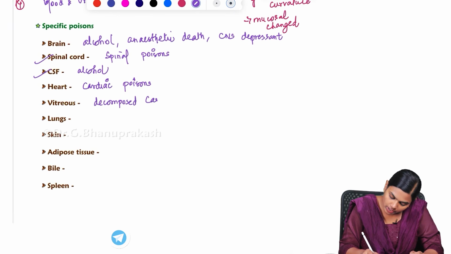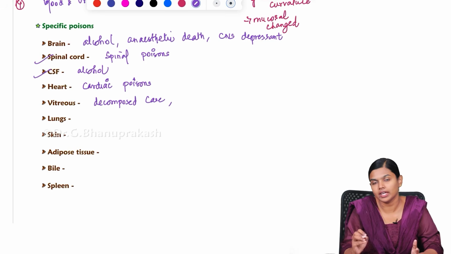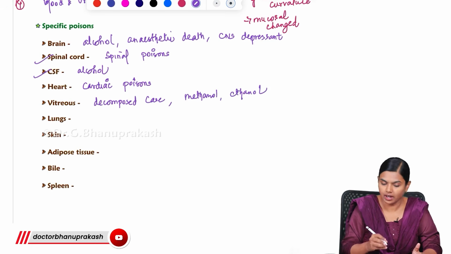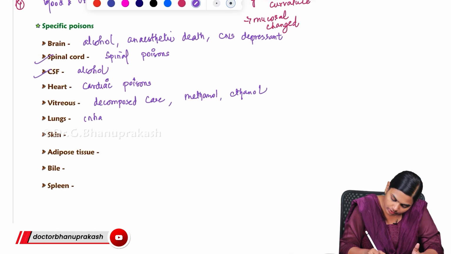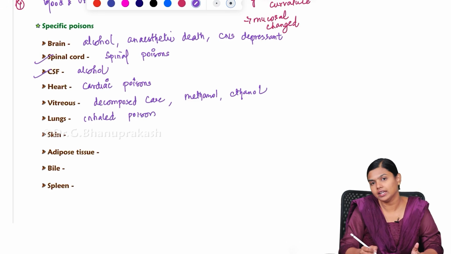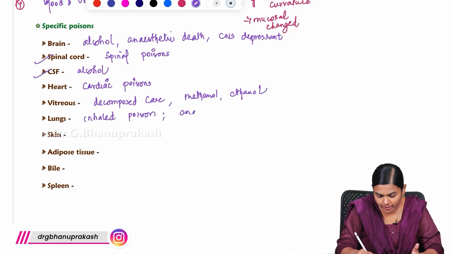In decomposed cases, you will be preserving vitreous for toxicological analysis if you are not getting anything else properly. And in methanol and ethanol, you will be preserving vitreous. And lungs in all inhaled poisons, like irrespirable gases, any other inhaled poisons, you will also be preserving them in anesthetic death.